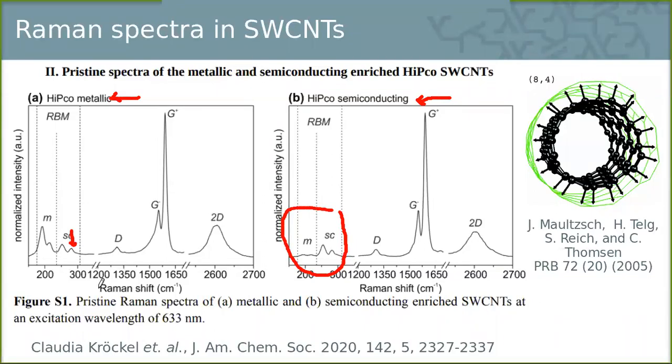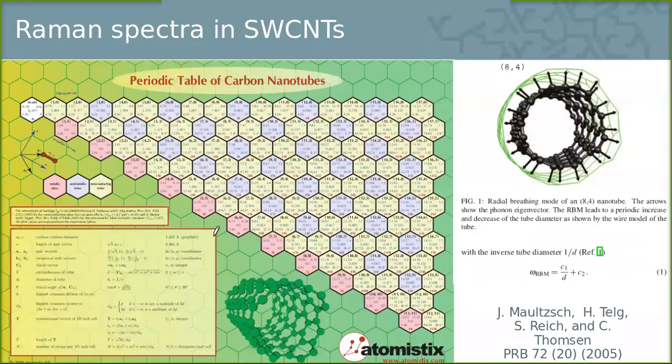This position in cm^-1 is related to a specific diameter here, and this diameter is related to this breathing mode, the radial breathing mode. So then you can go to this periodic table of carbon nanotubes, look for the specific diameter that you just found, and that will tell you which kind of nanotube you have.